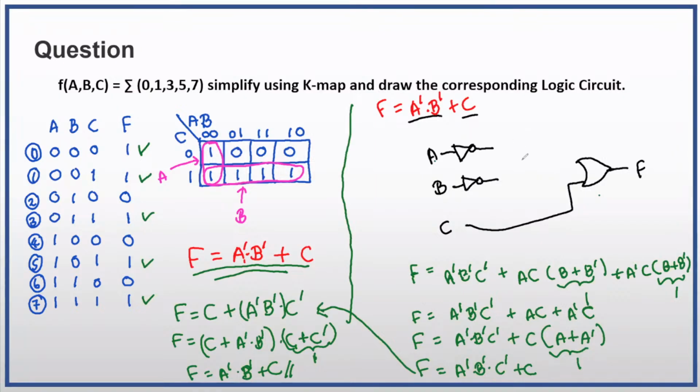It's product. Product means AND gate. So therefore use the AND gate here. Then keep these inputs to the AND gate and connect it to the OR gate. So this is how you can draw the corresponding logic circuit.